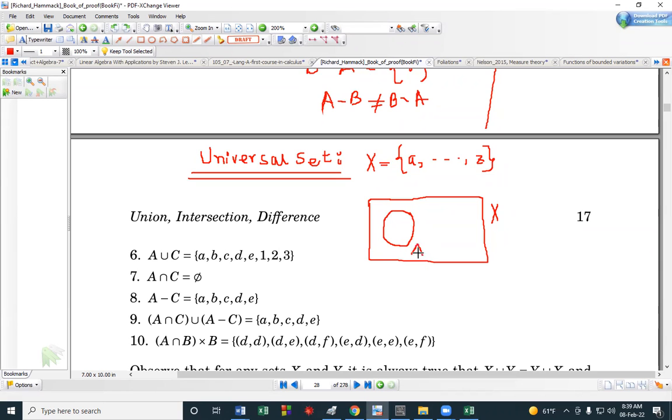Let's say this is the set A. Let's take another set B. Then their union means all those elements within the common area and exclusive areas. So this is your A union B.